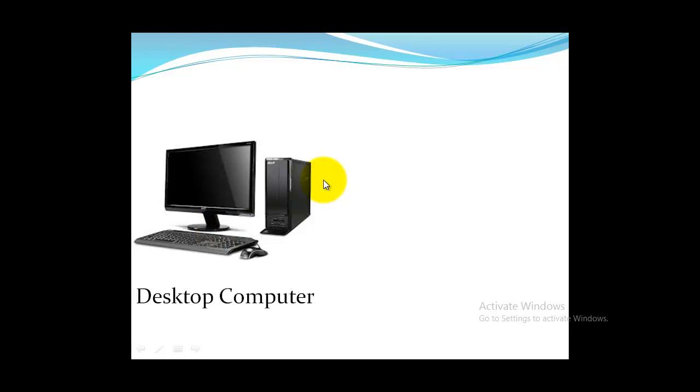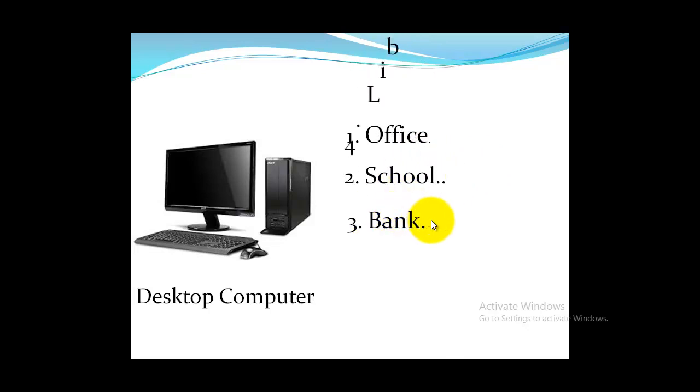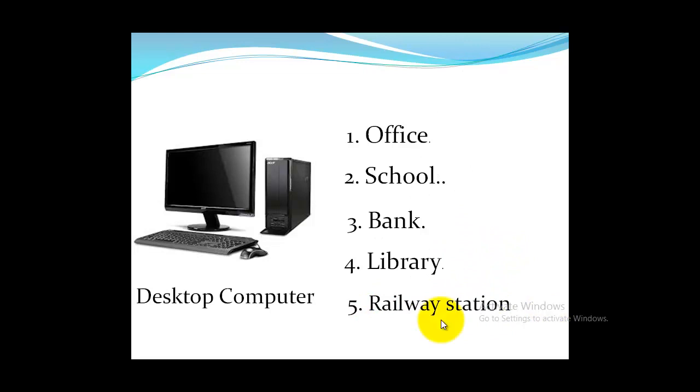Now the desktop computer has a monitor, a keyboard, a mouse, and the CPU. This desktop computer is used in offices, schools, banks, libraries, and also in railway stations.